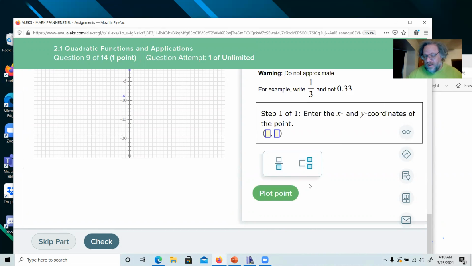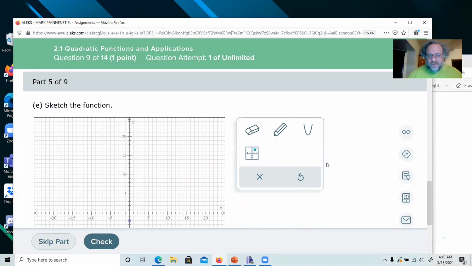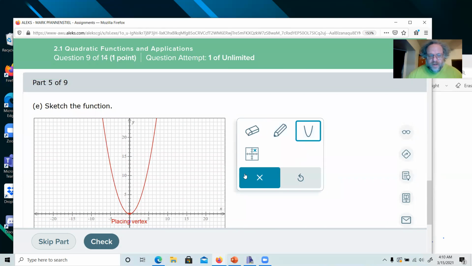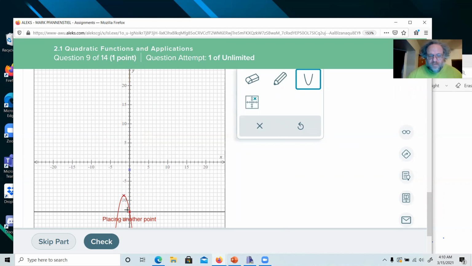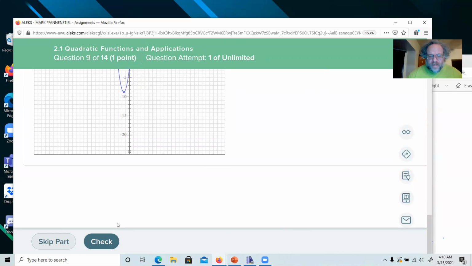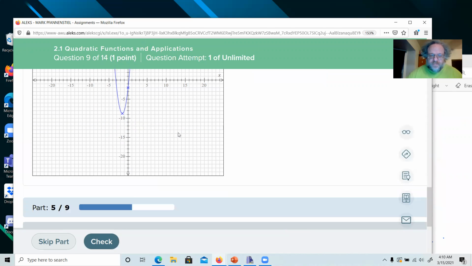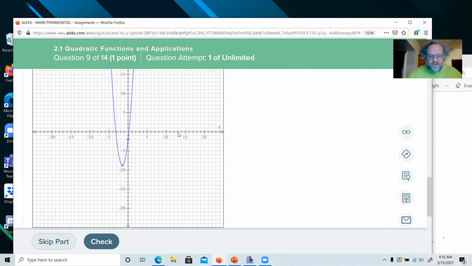It'll be wrong because the radical is different. All right, placing the vertex, done. Curve opens up. Okay, find one other point. Let's pick that one and we'll check. All right, so we're good. All right, and we'll go back down.